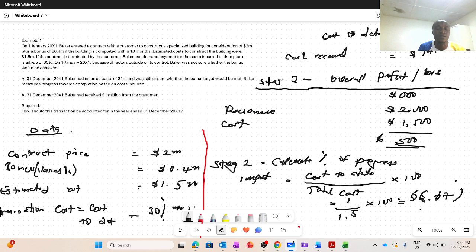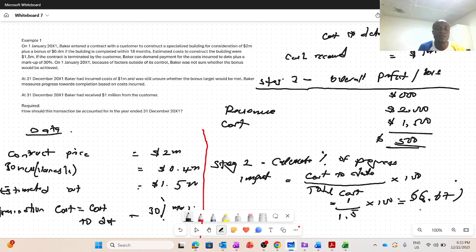So stage three, statement of profit or loss. Revenue is 2 million multiplied by 66.7%, or 67% for example, which gives 1,333.